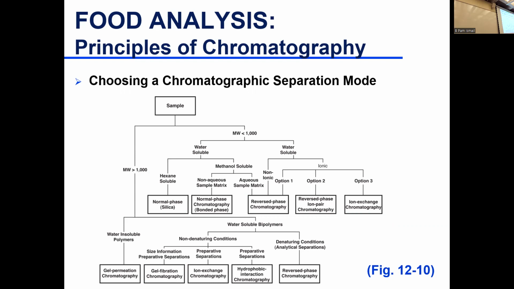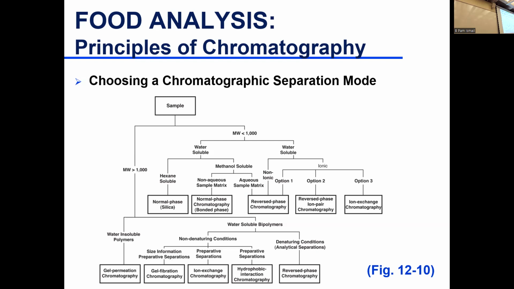You start with water and then increase the strength of the mobile phase. If they are ionic, you can do ion pair and still do reverse phase. The ion pair means you add an ion to block the charge in the molecule, then they can interact with your nonpolar stationary phase. You can do ion exchange if they are ionic. So there are so many options.